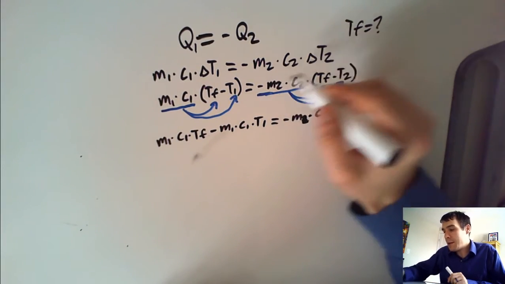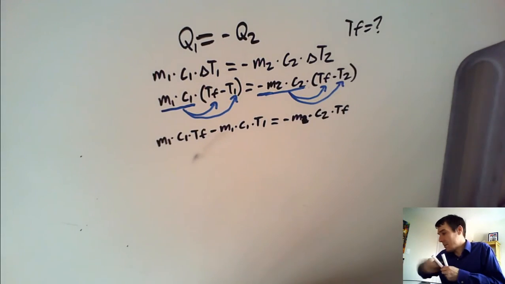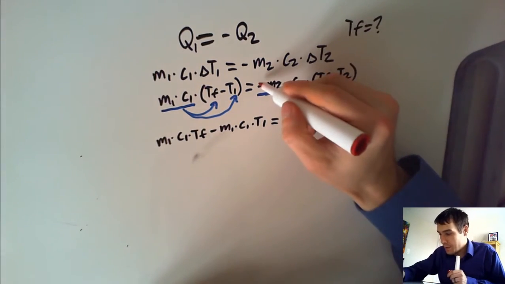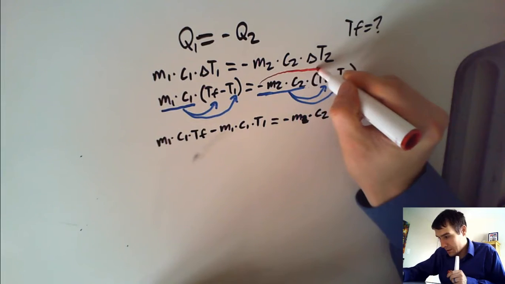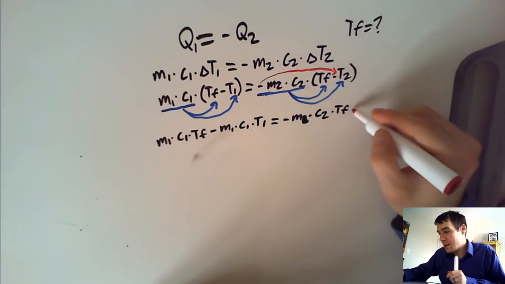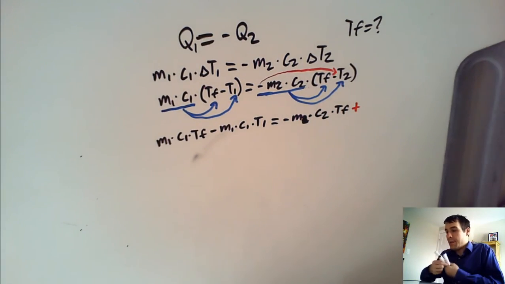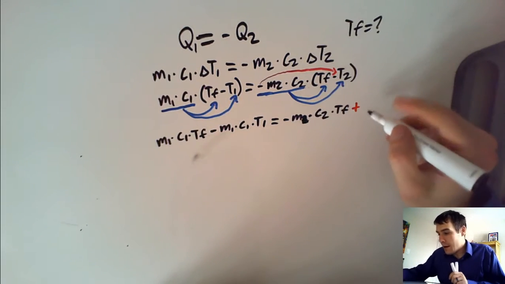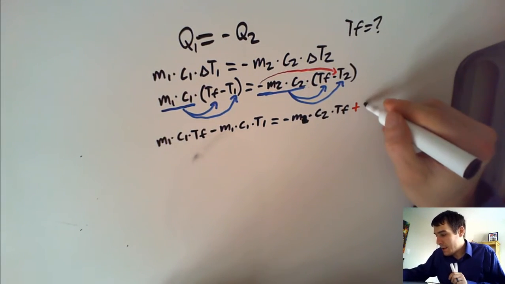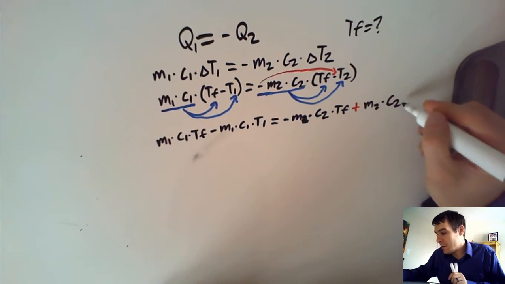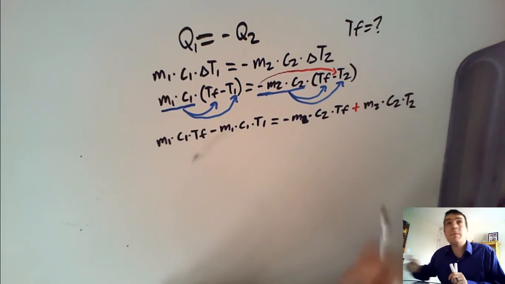And then this minus times the minus is going to give you a plus for the next part of it. So plus m2 c2 T2.